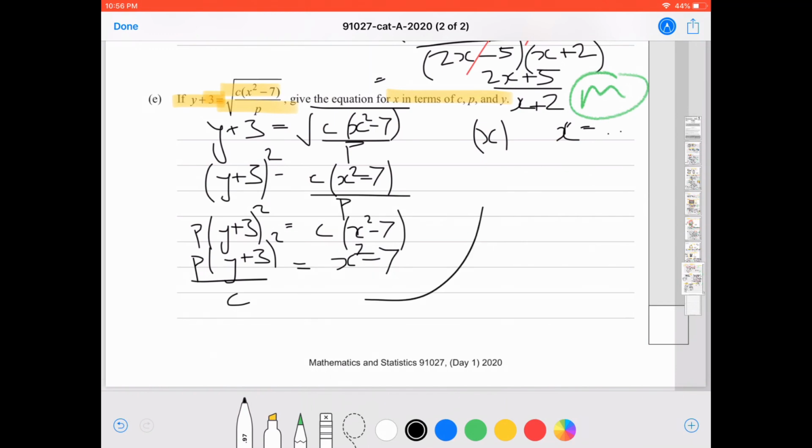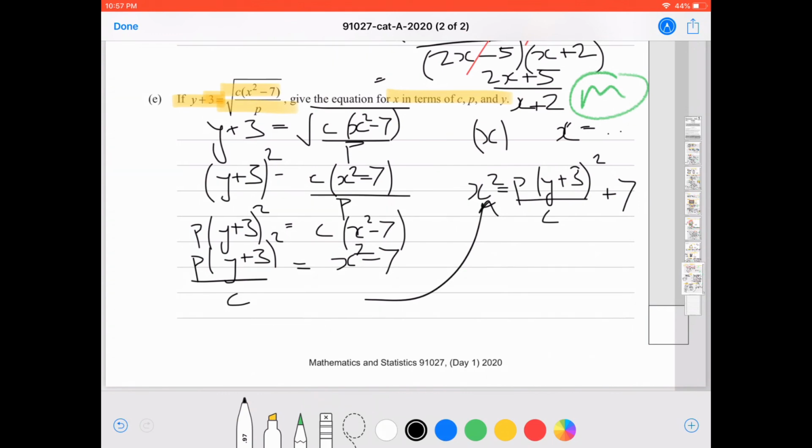Now we add 7, so it's going to be p times y plus 3 all squared over c, and that fraction, add 7 onto the end of it, and that's x squared equals. Now we've got x squared, we want just x.